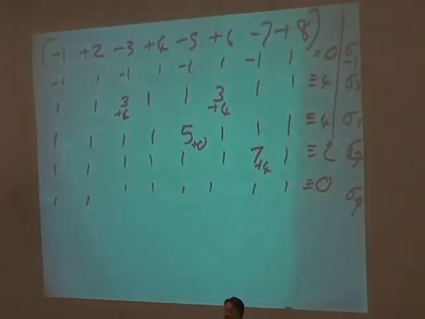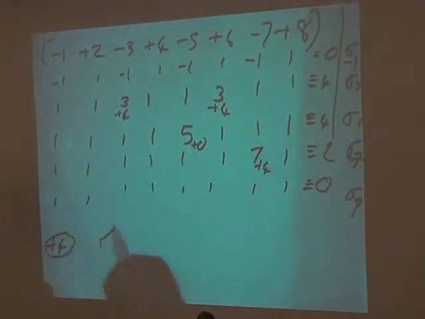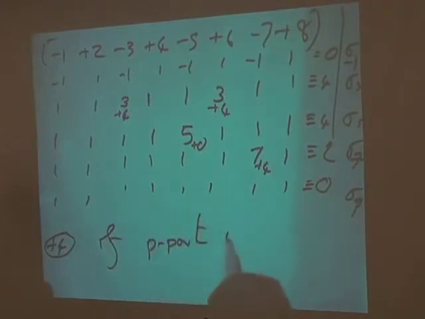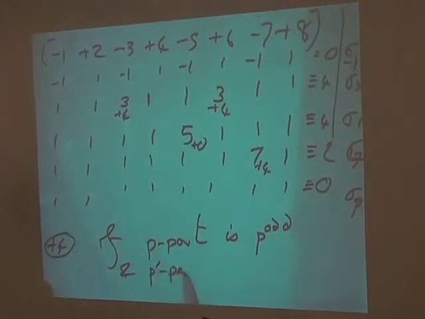Okay, I'll tell you what it is now. I write down here the p part of the number, but then I add 4 if the p part is an odd power of p. Let's say plus 4 if the p part is p to the odd and the p prime part is a non-residue, non-square mod p.